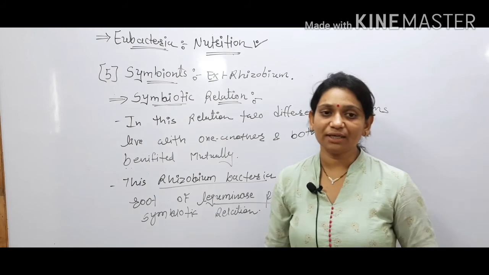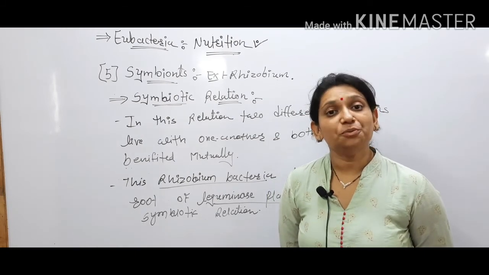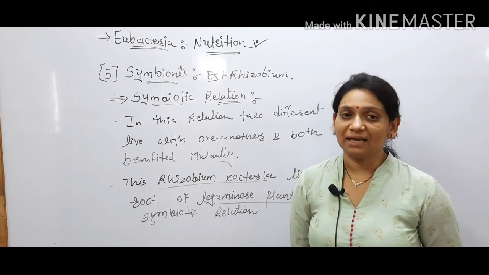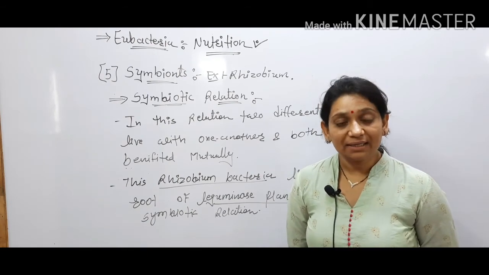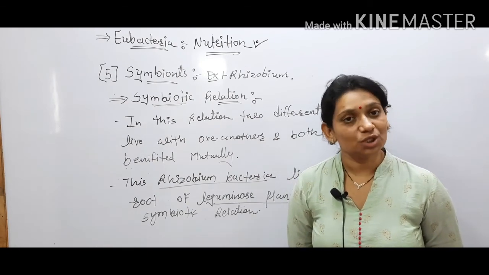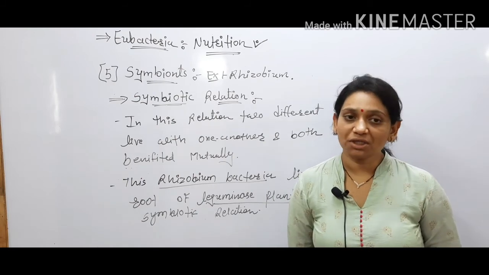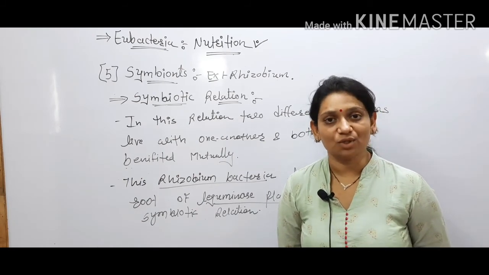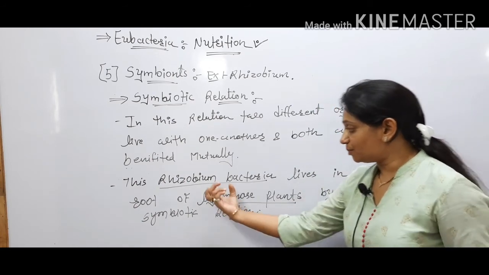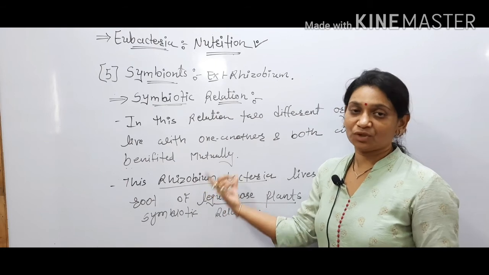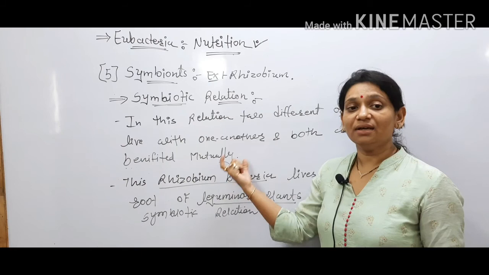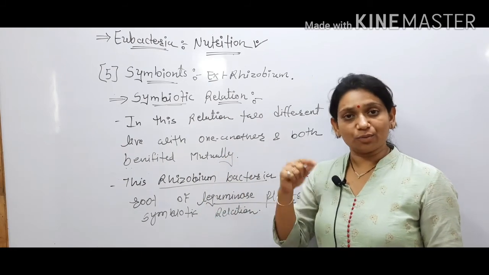As you know, in the atmosphere 78% nitrogen is there, but the limitation is that no one can directly absorb this atmospheric nitrogen. Only some exceptional organisms can, and these Rhizobium bacteria are one of them. They can absorb the nitrogen from the atmosphere.